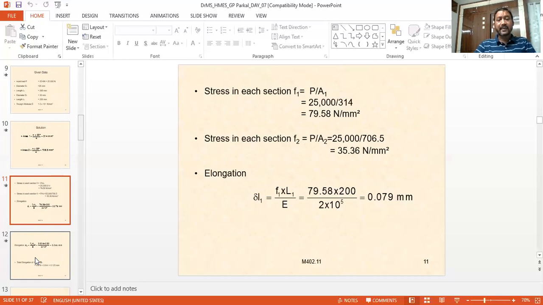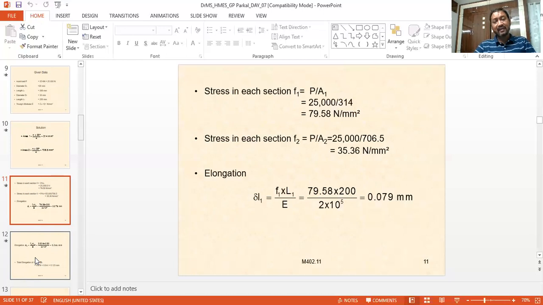Now coming to the elongation part. Here, to find out the elongation of the bar, because this bar has two sections and is loaded with the same force but has two different cross-sectional areas at the two sections, we have to find out the elongation of section 1 and the elongation of section 2.